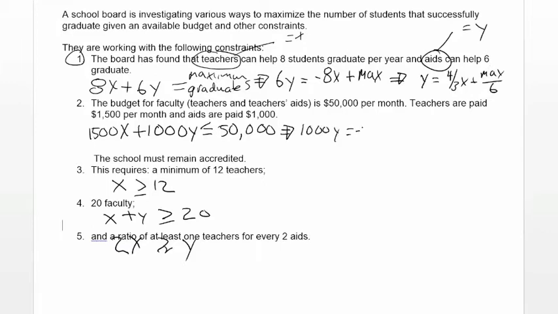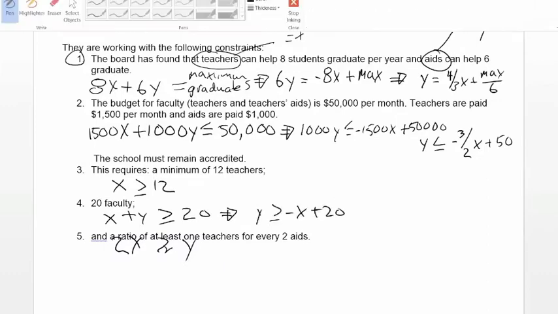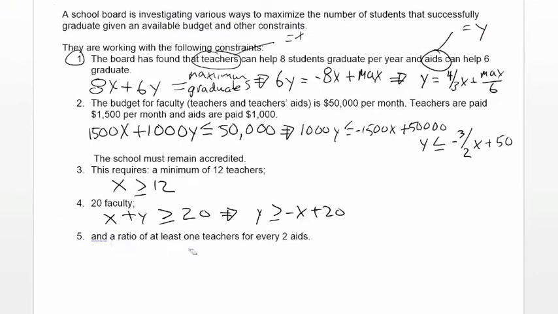For the budget constraint, we get 1,000y is less than or equal to negative 1,500x plus 50,000, or y is less than or equal to negative 3/2 x plus 50. There is no intercept for constraint 3. For constraint 4, we get y is larger than or equal to negative x plus 20. And for the ratio, I'll clean this up a little bit, we would get y is smaller than or equal to 2x.